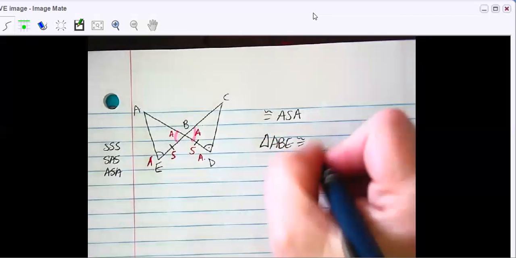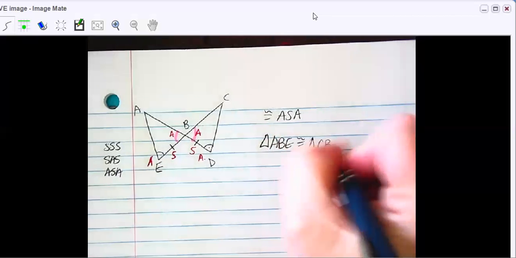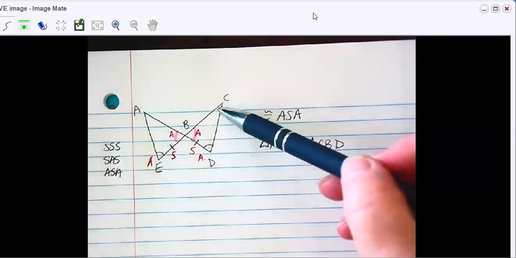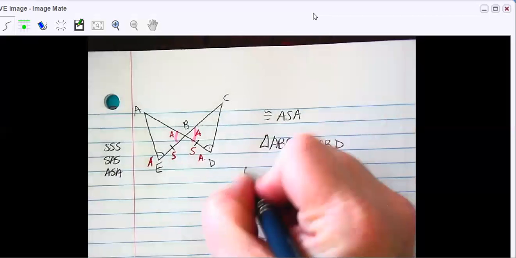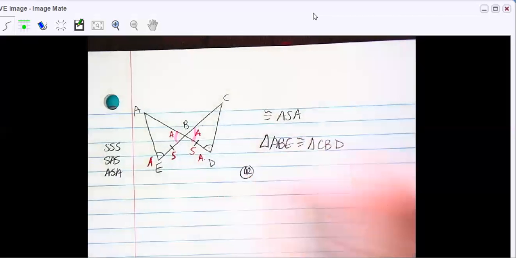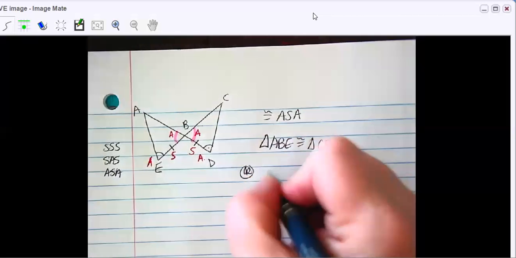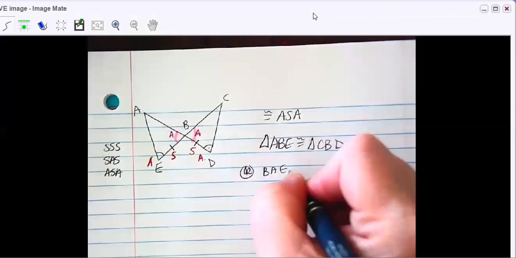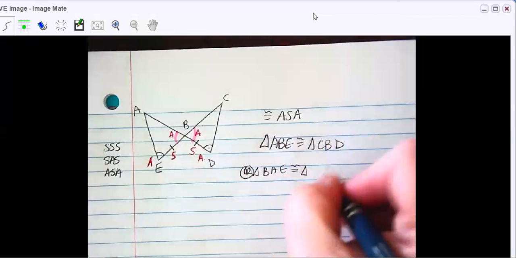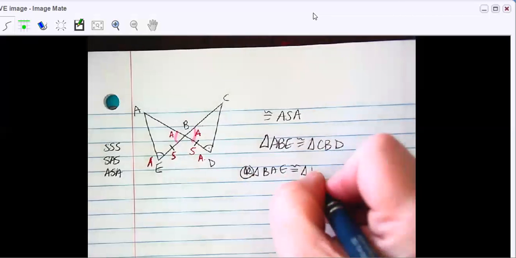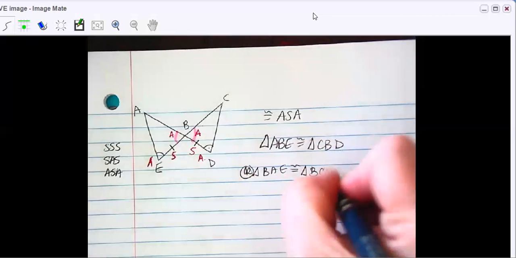Triangle CBD. Starting with the outer corner, moving into B, out to D. Okay, and then just another one that we could do. You don't have to do more than one. We could have called it BAE. It would be congruent to triangle BCD. Okay, so that would be an OR.